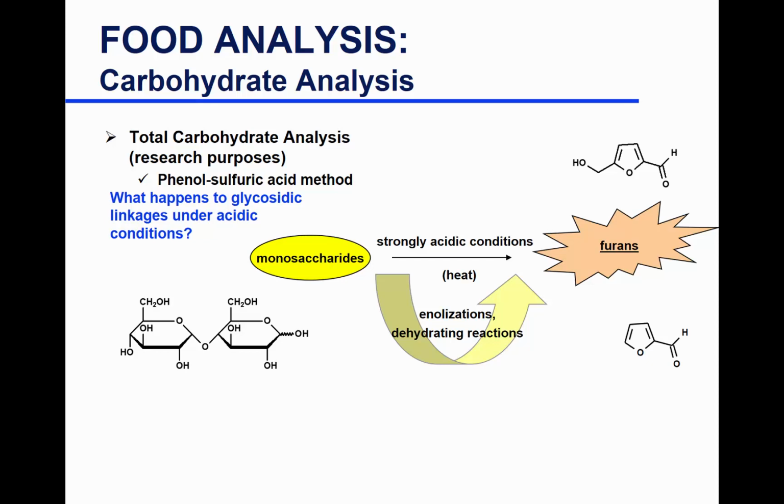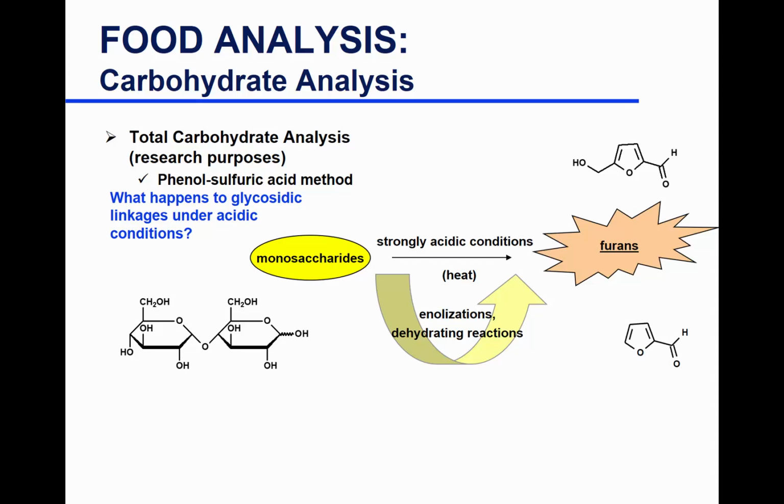We're going to use a highly concentrated sulfuric acid, and once you put it with the sample, it generates heat right away, and that heat is going to cause glycosidic linkages to be broken. So it will break glycosidic linkages into monomers. So you will be producing monosaccharides.